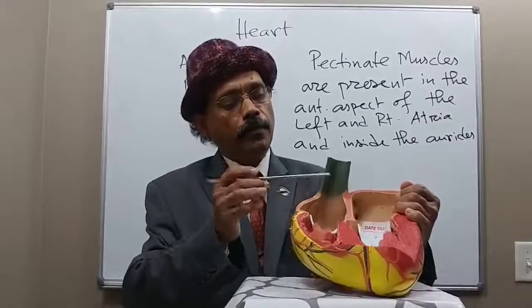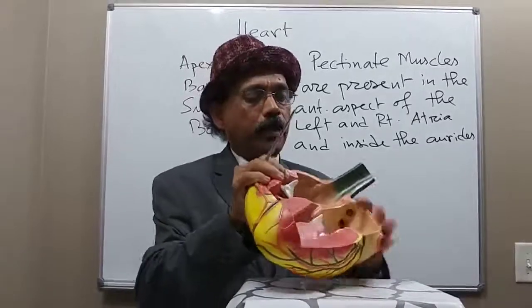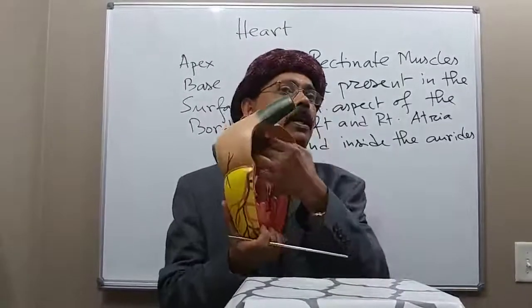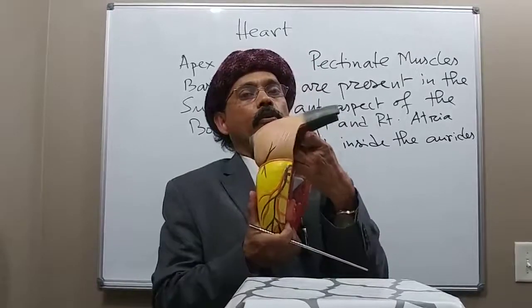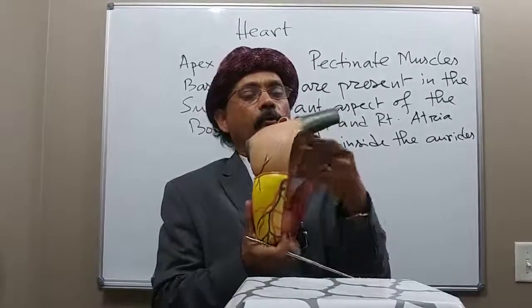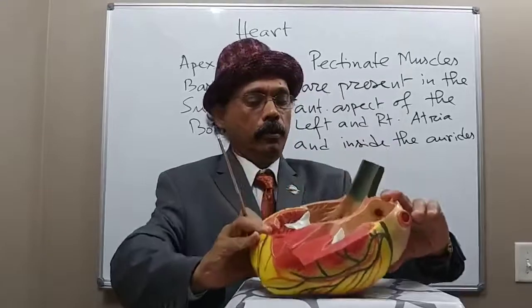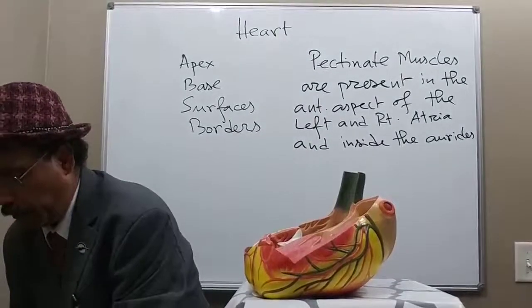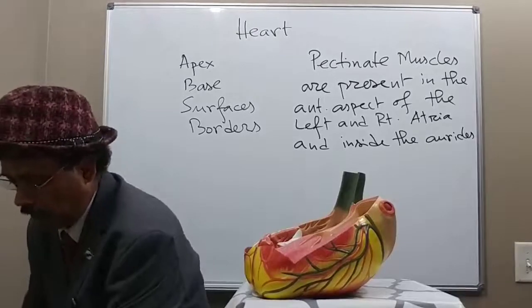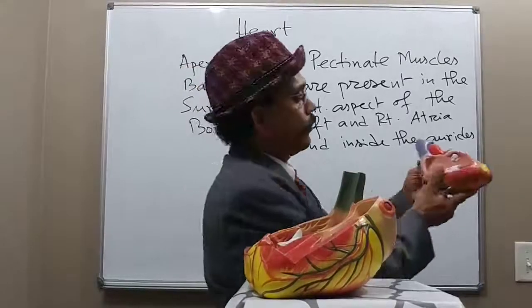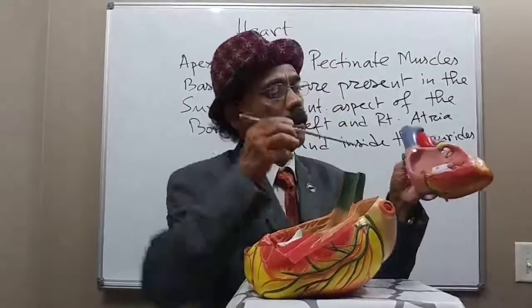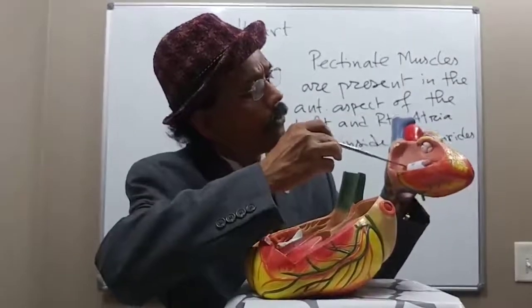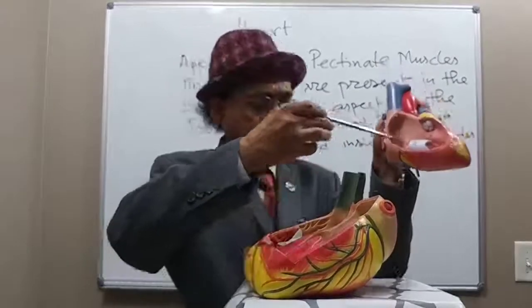And on the interatrial septum, we'll get a thumbprint like impression here. We call it fossa ovalis. If I compare that with my small model, we'll get the fossa ovalis here on the interatrial septum.